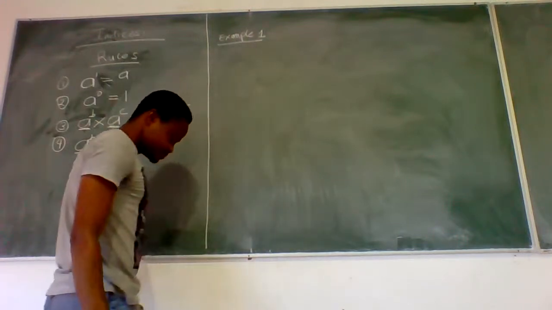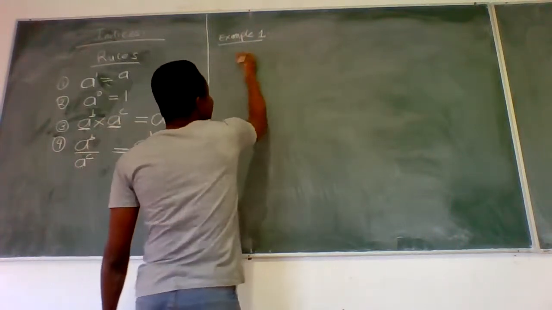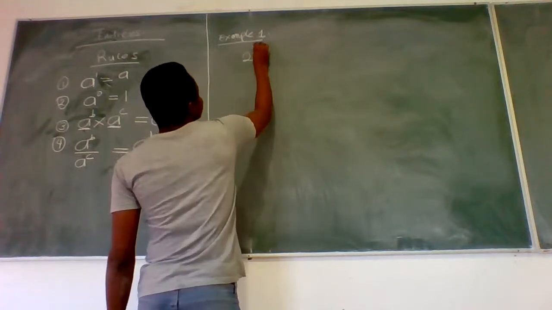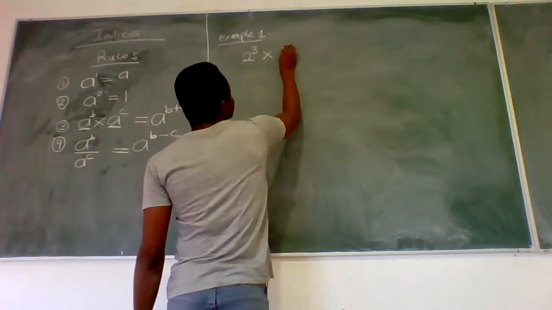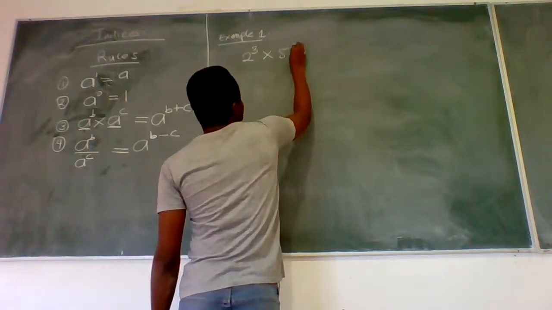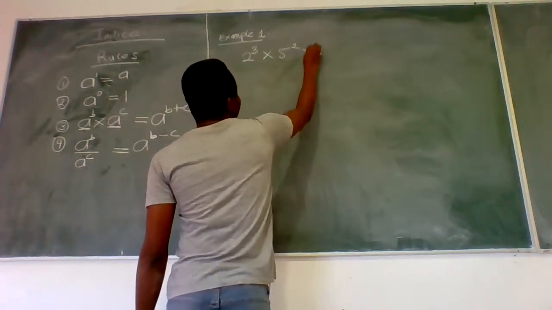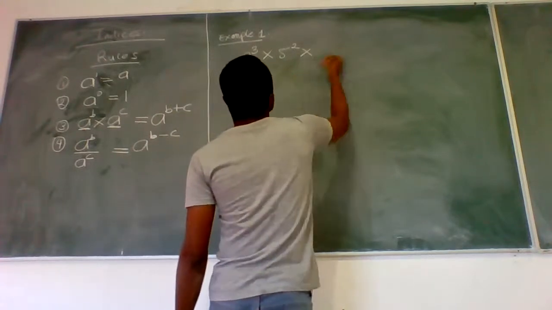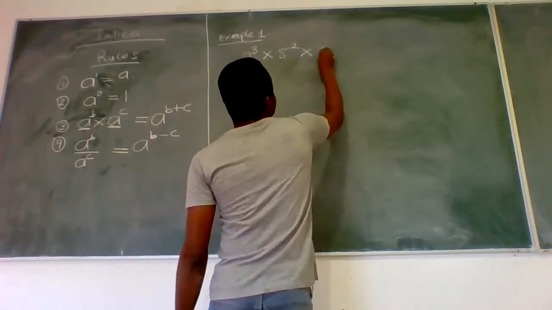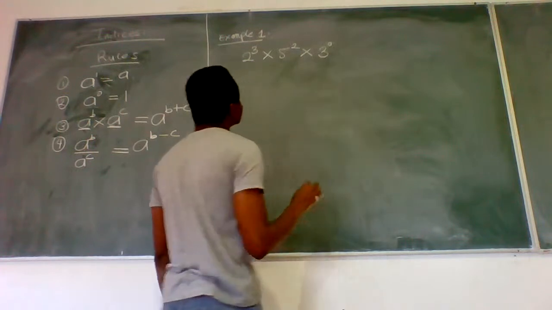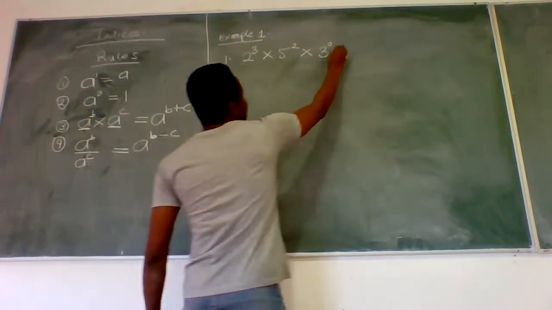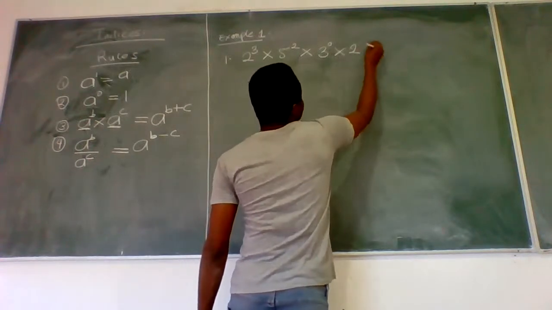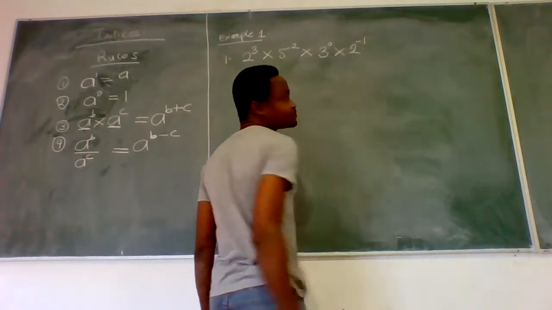Let's say we have 2 exponent 3 times 5 exponent 2 times 3 exponent 0 times 2 exponent minus 1.